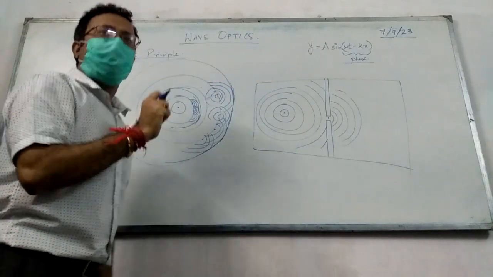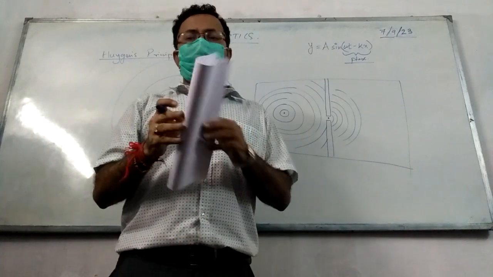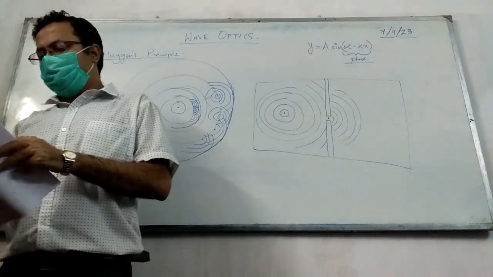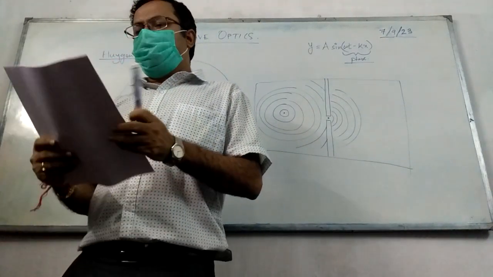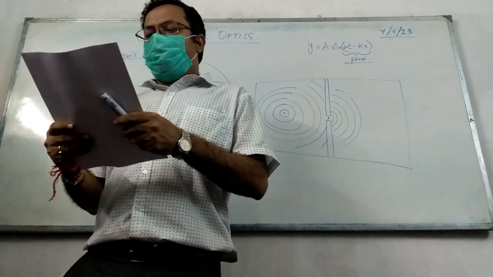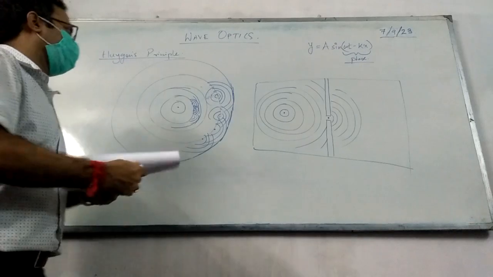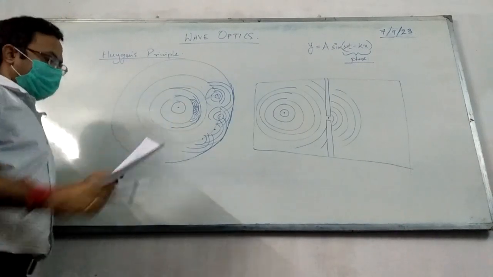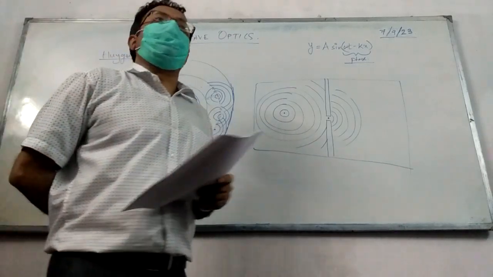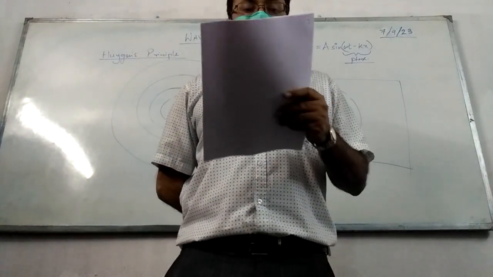Okay, so on that, let's write this down. Huygen's principle. Every point on a primary wavefront, means this bigger wavefront, okay? The one which you can see, those are the primary wavefronts, okay?